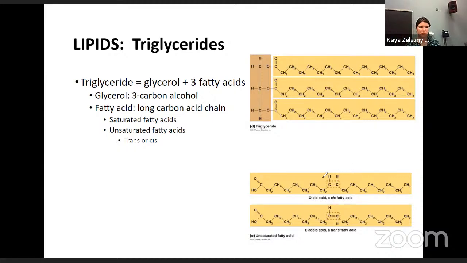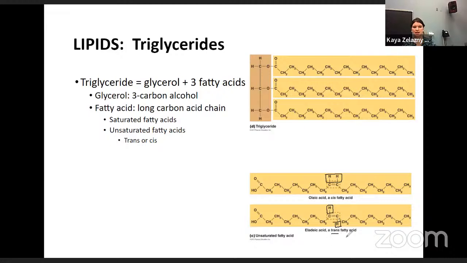Okay. So here, if on either side of that double bond, those hydrogens on those 2 carbons are on the same side, we have our cis fatty acids, so cis same. But if they pop off on either side, so on opposite sides of that double bond, that's a trans fatty acid.